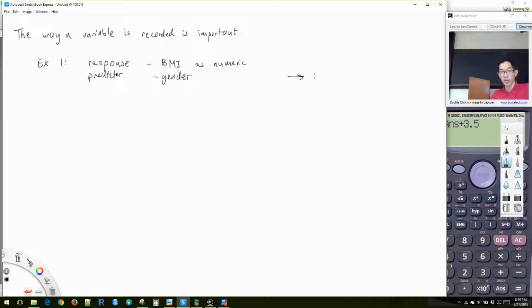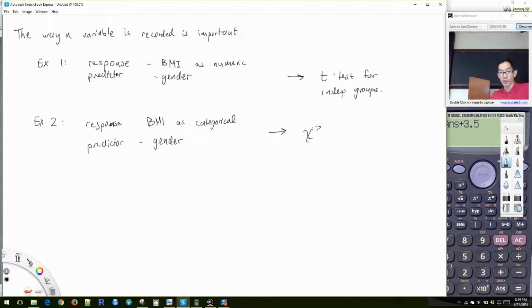So this would be a t-test for independent groups. Example 2: our response could be BMI as categorical, and our predictor would be gender. And now we have a chi-squared test for independence.